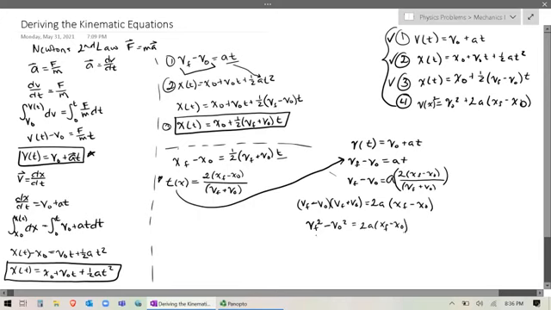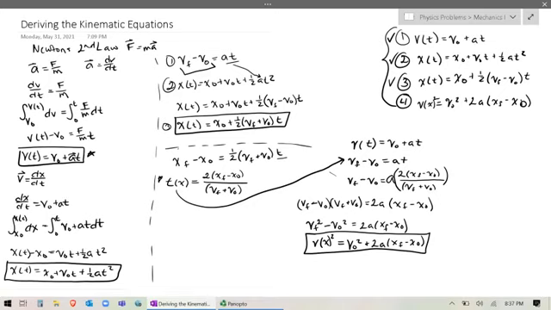And to make it match, we're going to move it over. So that means v as a function of position squared is equal to v naught squared plus 2a (x final minus x initial), and that is our fourth kinematic equation.